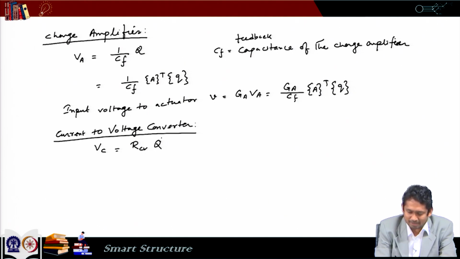So, R multiplied by Q dot, Q dot is the current. That being multiplied with the resistance gives us the output voltage from the current to voltage converter, and so that is equal to 1 by Cf multiplied by AT into Q dot.